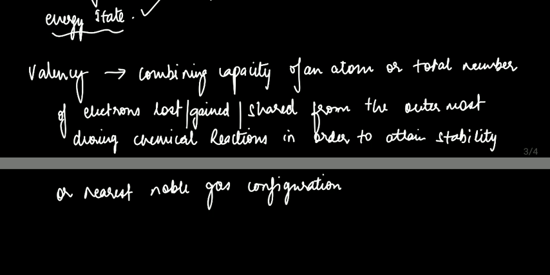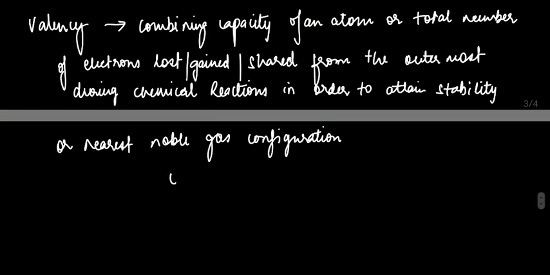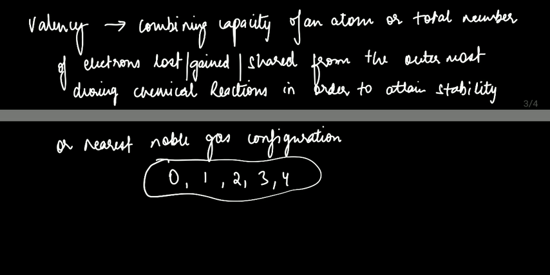So remember, valency can be zero, that is for noble gases because they are not chemically reacting, but with exceptions. Otherwise the valency can vary: it can be 0, 1, 2, 3, or 4. These five numbers are always considered as valency.